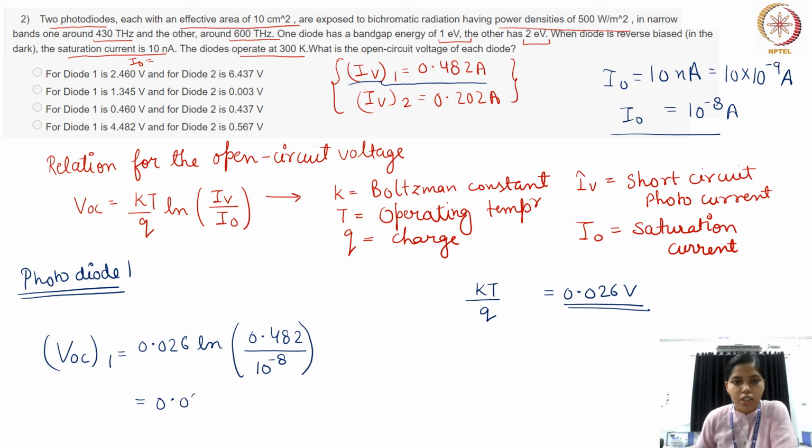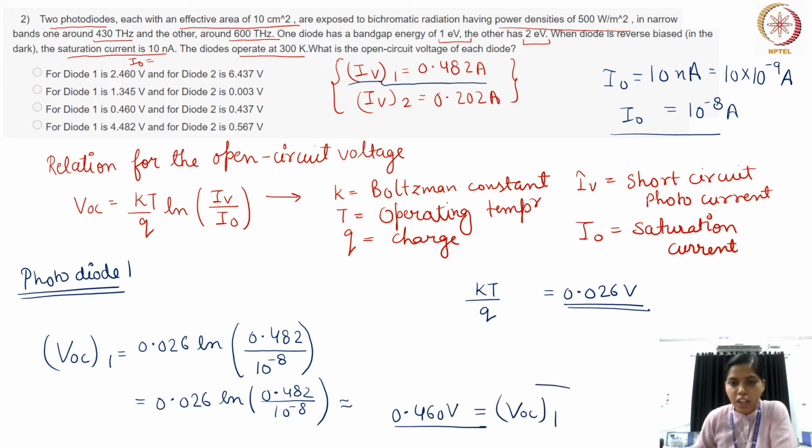So it will give 0.026 ln of 0.482 divided by 10 raised to the power minus 8. When you solve this, you will get VOC of 0.460 volt. That is VOC1, the open circuit voltage for the first photodiode. Is it clear to everyone? You can write yes in the chat box.